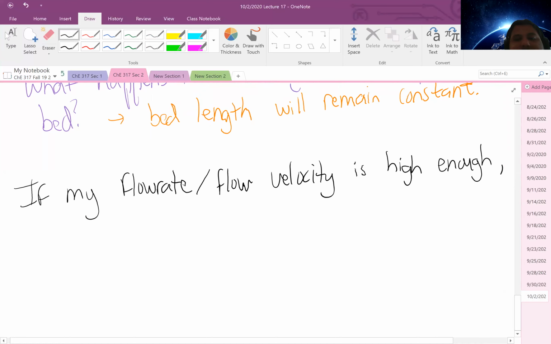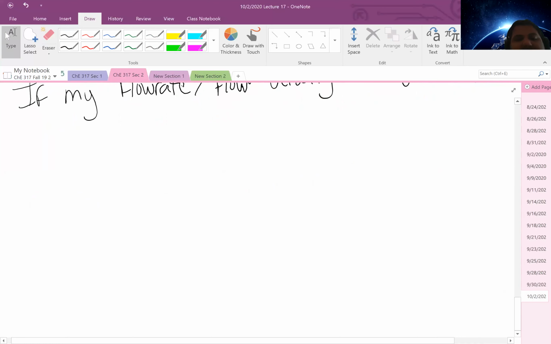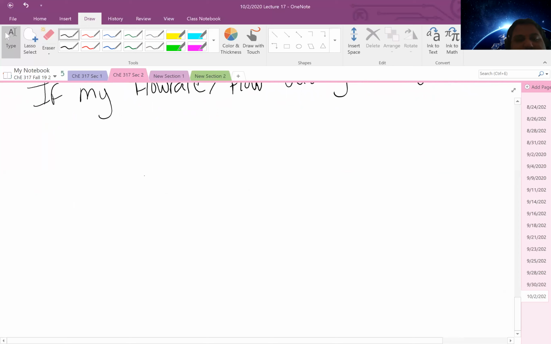Something interesting happens, such that if I looked at a particle in my bed, I could ask myself what forces are being acted upon the particle.